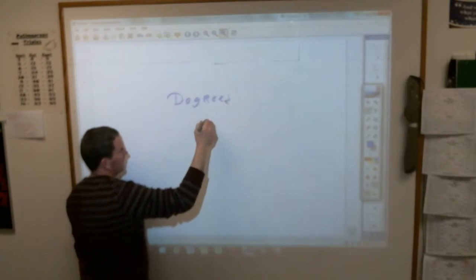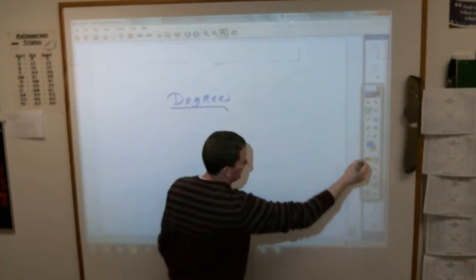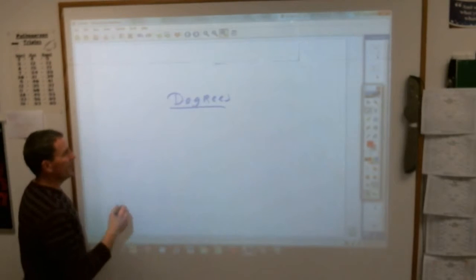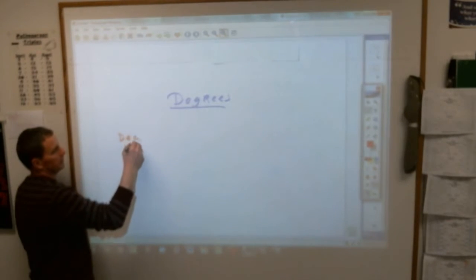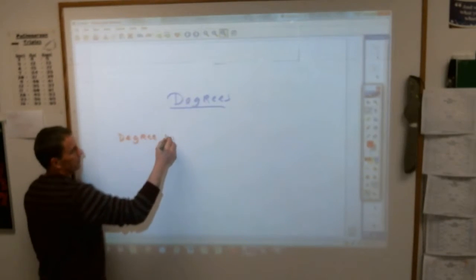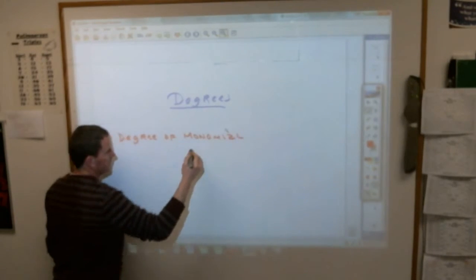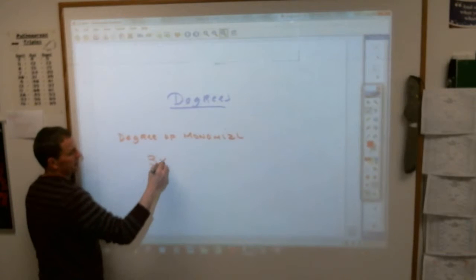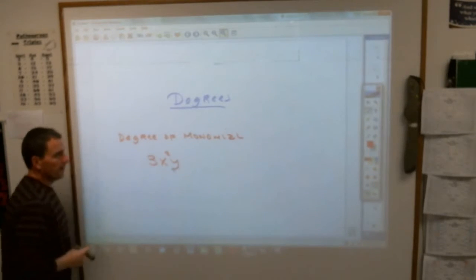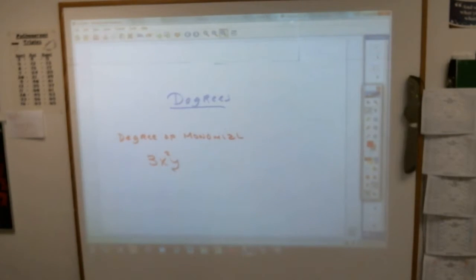Degrees of polynomials. Well, first thing we do is look at a degree of a monomial. Let's say you've got 3x squared y. What is the degree of that?